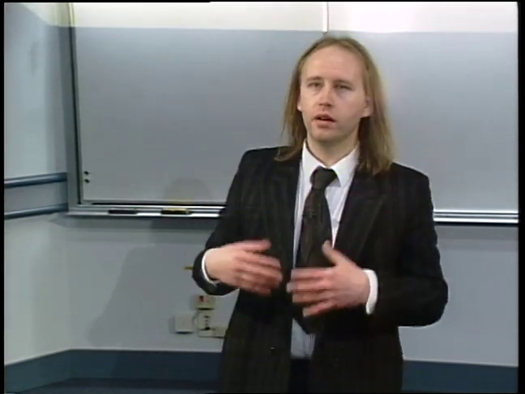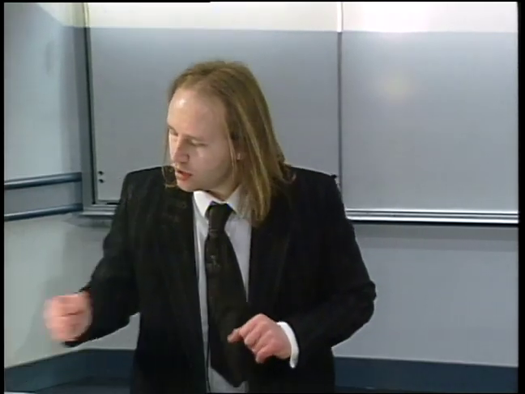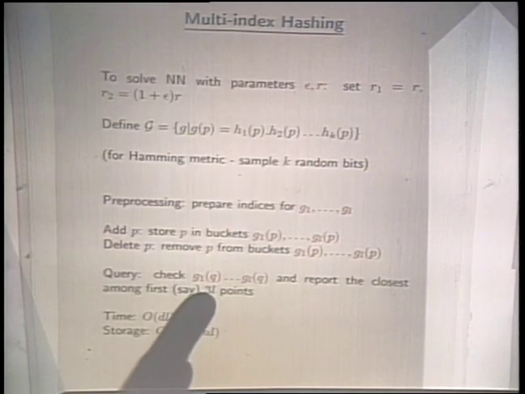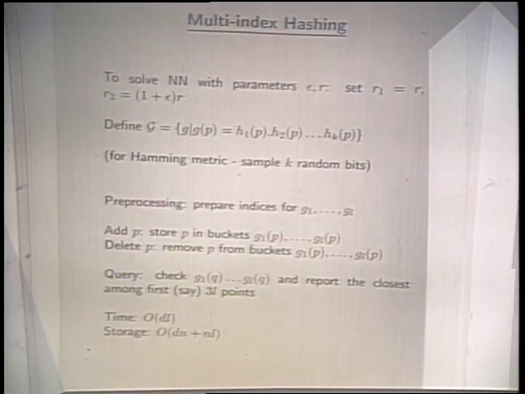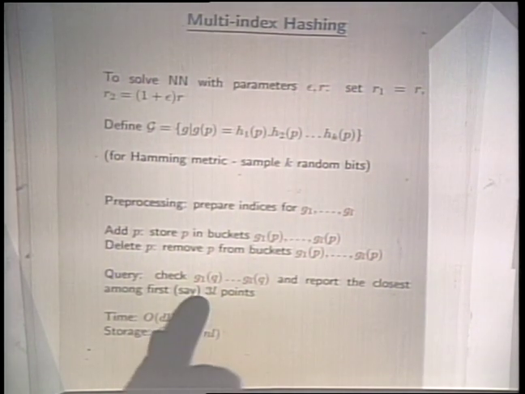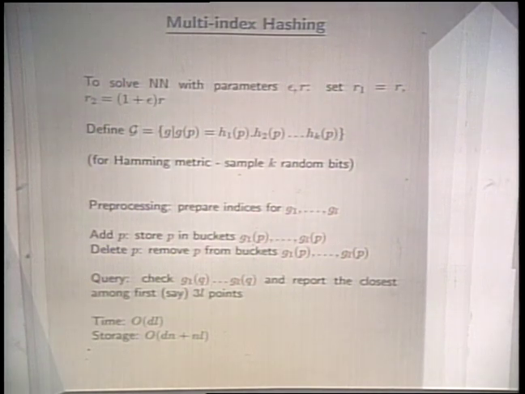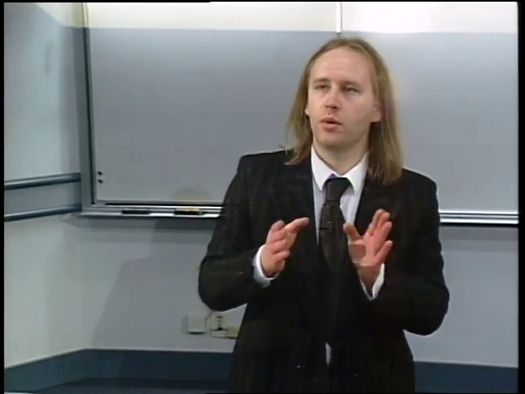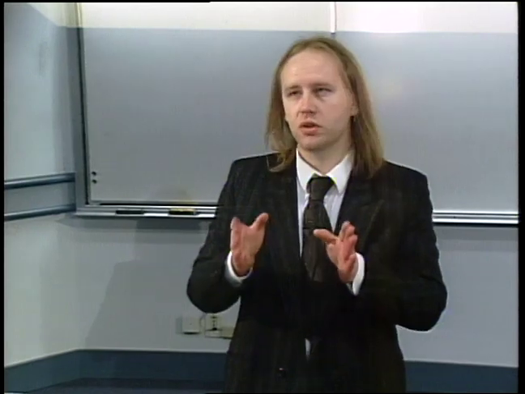And finally, in order to perform the query, we do the following. Remember that the query point is denoted by q. We take a look at the first bucket. We take out all of the points which we find there. Then we move to the second bucket, take out all of the points which we find there, and so on.